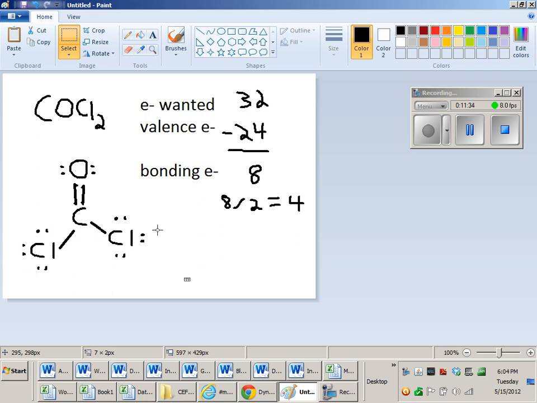If I was to try to start with oxygen as the central atom instead of carbon, I would have run out of bonds that I would have been able to use. So if I had something like chlorine, oxygen, carbon, chlorine, this carbon needs to have 4 bonds to fill its octet.